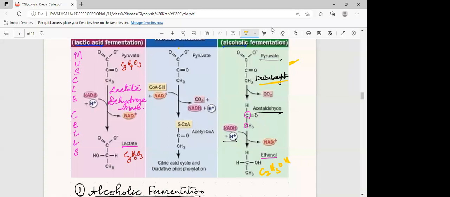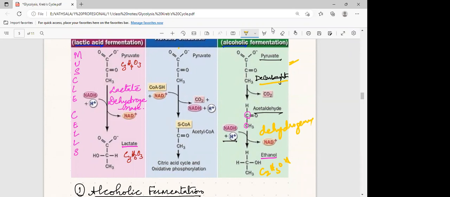In all the other cases, dehydrogenase is happening. Acetaldehyde dehydrogenase is happening here. Can you see? Here also dehydrogenase. From NAD, H is removed and added. So from this pyruvate, H is removed.